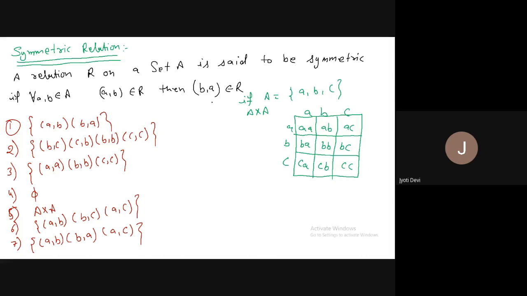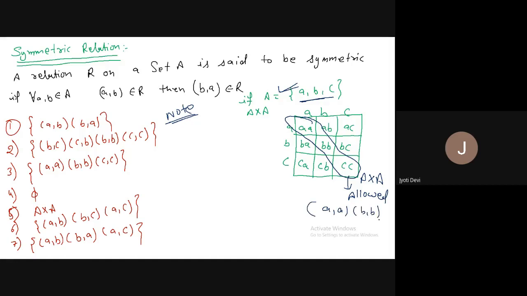This is the set, and this is the cross, means this is the matrix. In this, one thing you note: the diagonal elements are allowed, because AA is present, BB is present.